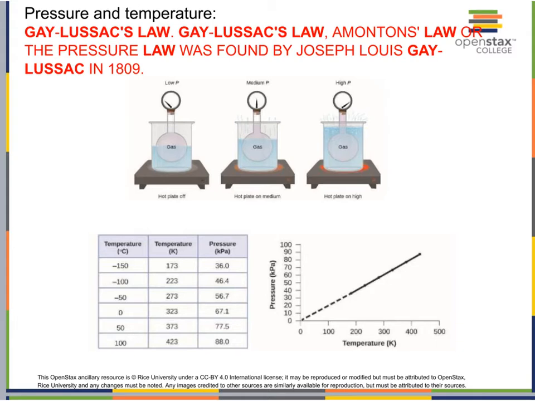The final part of this we're going to look quickly at is pressure and temperature. And pressure over temperature, again, holding everything else steady, is a constant. Okay, and so as pressure changes, temperature has to change, and they're directly proportional, right? And that's Gay-Lussac's.